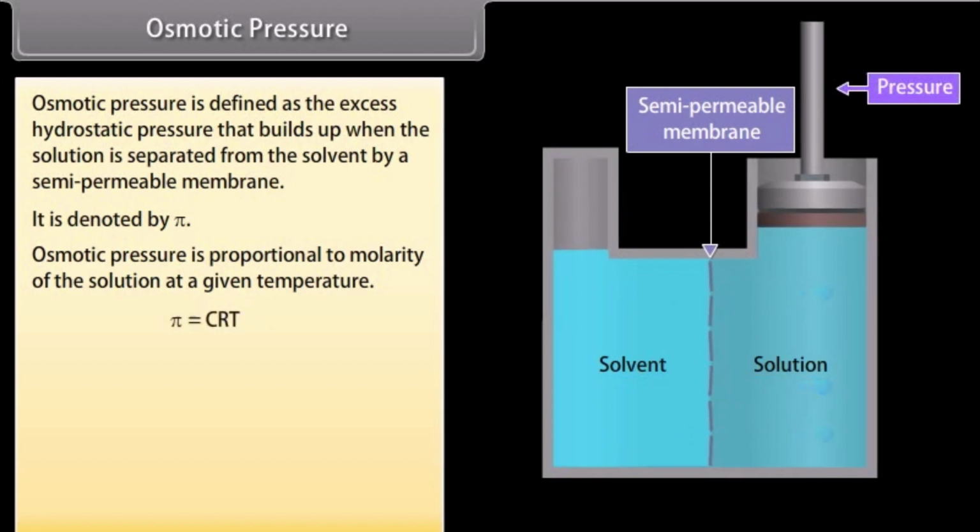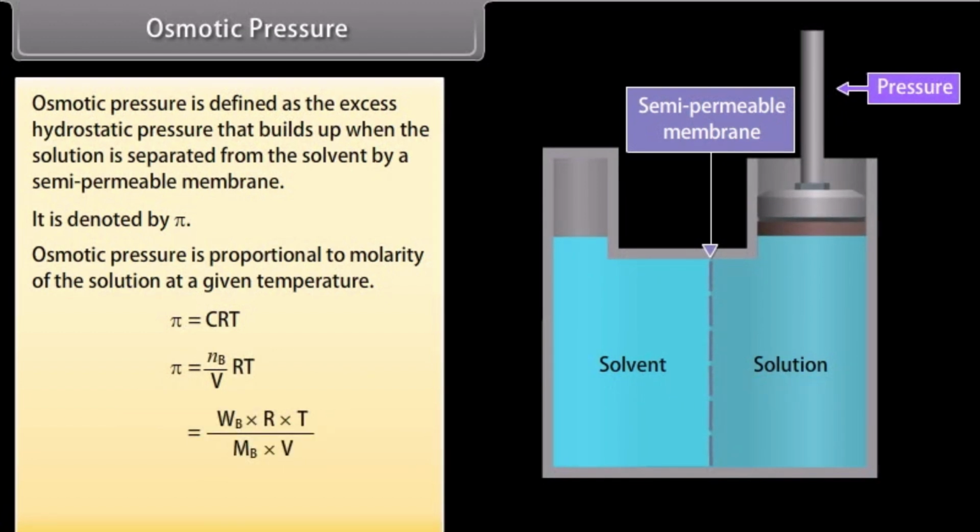Pi is equal to CRT. Putting the value of C in the equation, we get pi is equal to WB into R into T divided by MB into V. We calculate the value of MB as WB into R into T divided by pi into V.